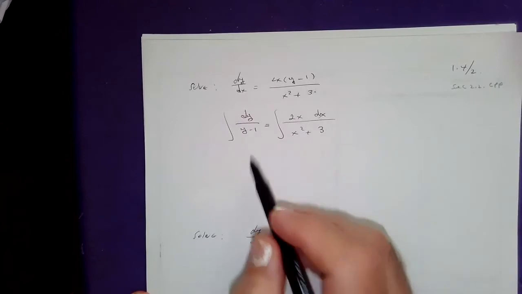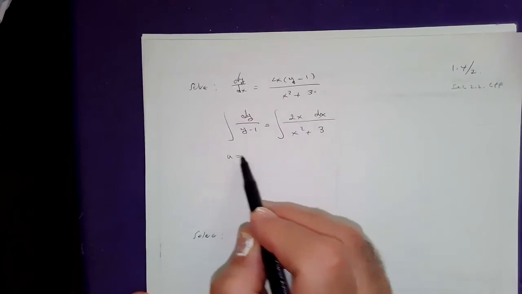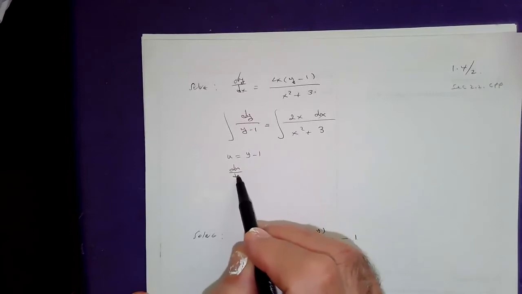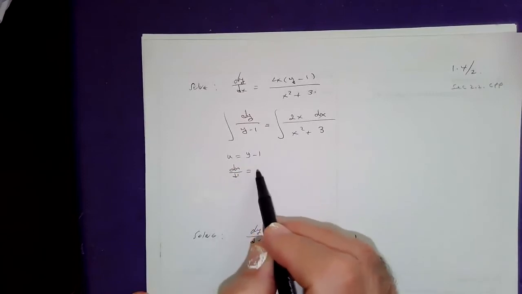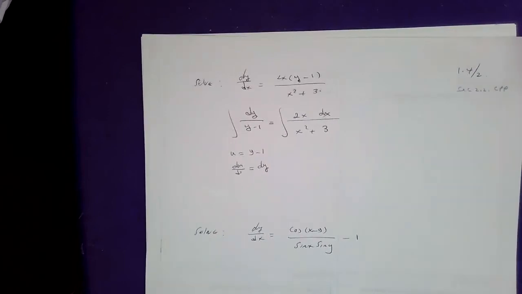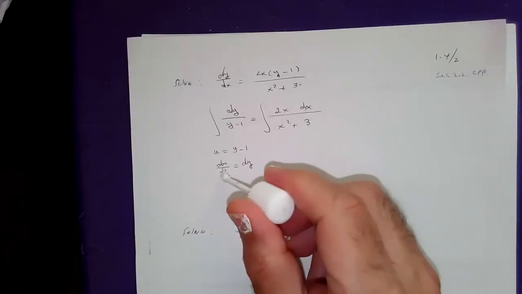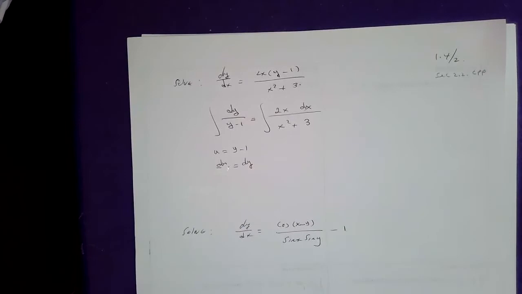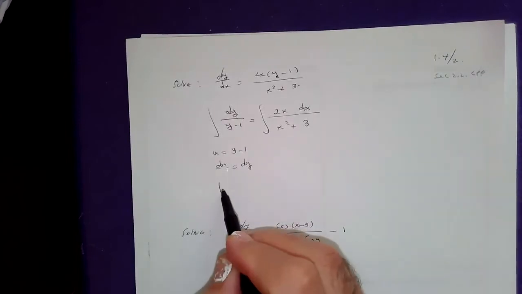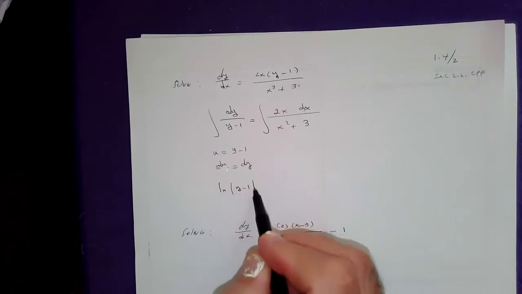Integrate. So this guy, if you let u be y minus 1, du is equal to dy, correct? And therefore, that's in the form of du over u, which is natural log of u. So the left side is natural log of the absolute value of y minus 1.